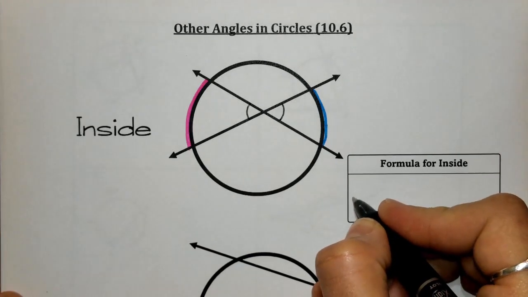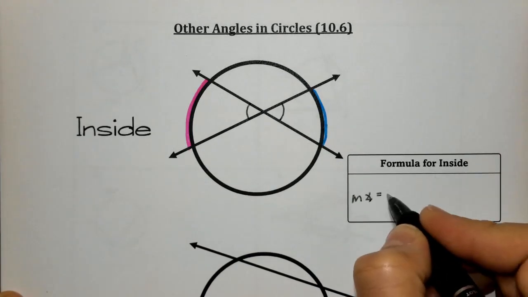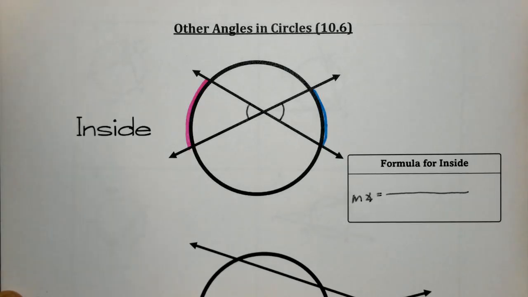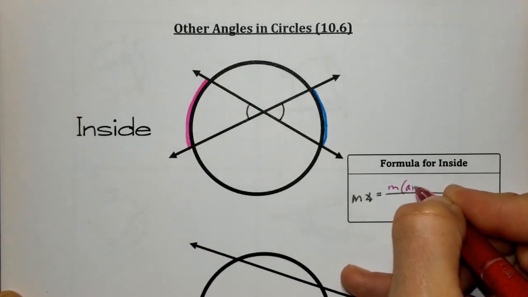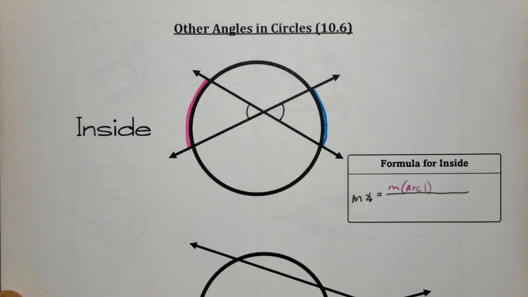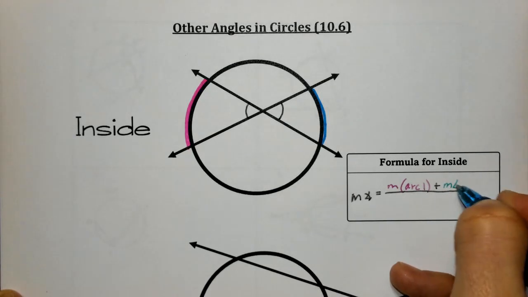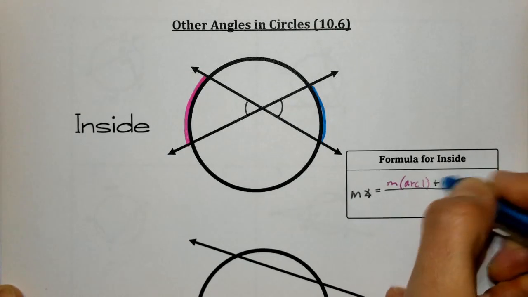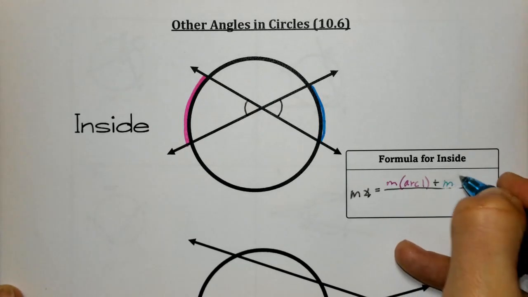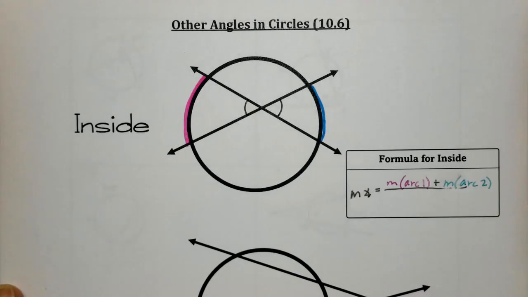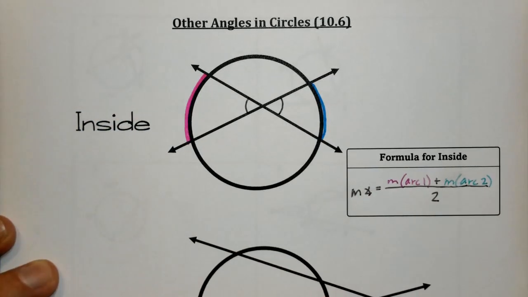So the formula: the measurement of your angle equals the measurement of arc 1, it doesn't matter which one's 1 and which one's 2, plus the measurement of arc 2, and divided by 2. It's just taking half of it, but I like the formula like this because it's easier to divide by 2 than multiply by 1/2. So here's your formula. Take those two values, add them, divide by 2.